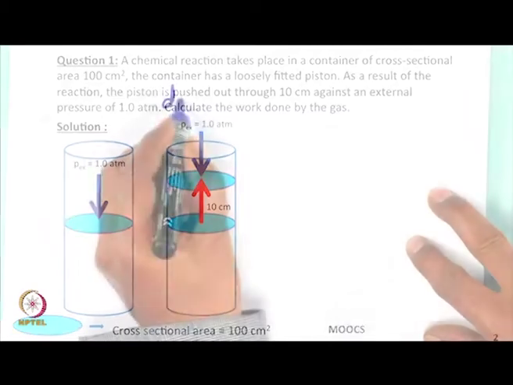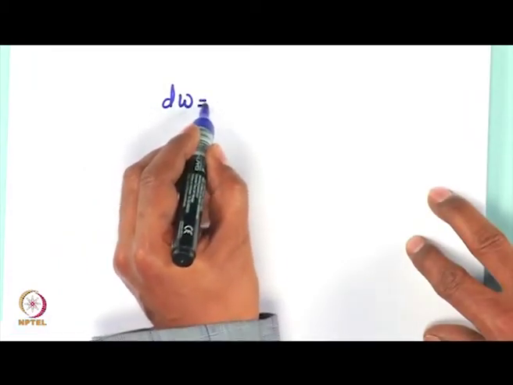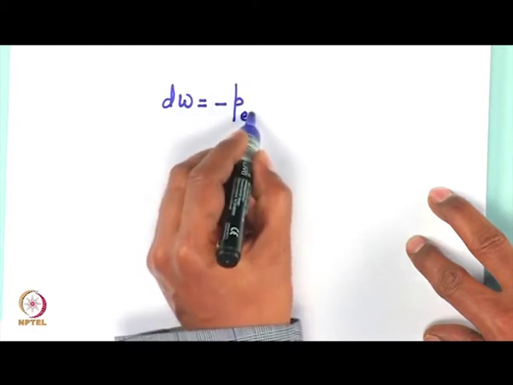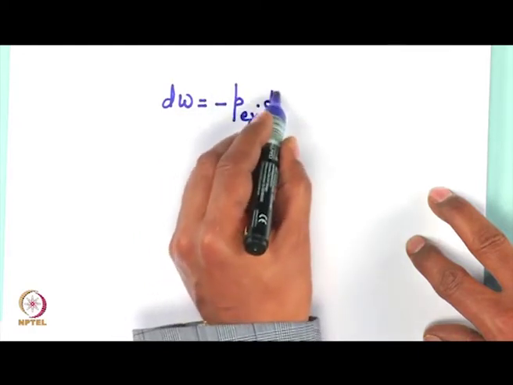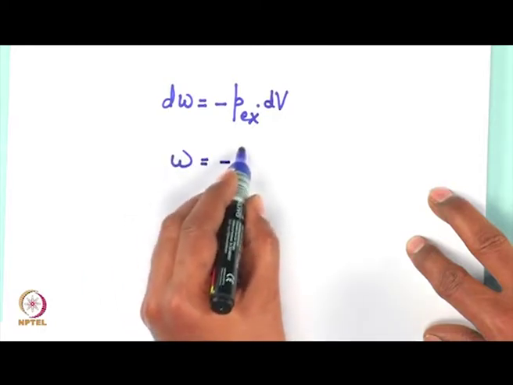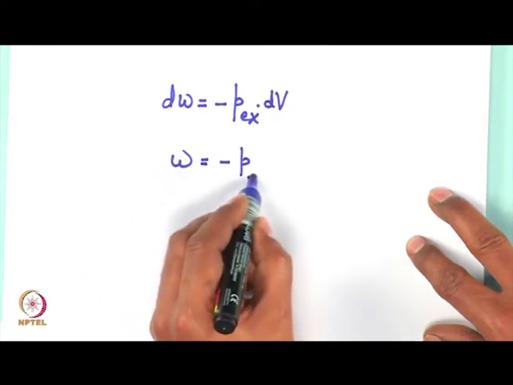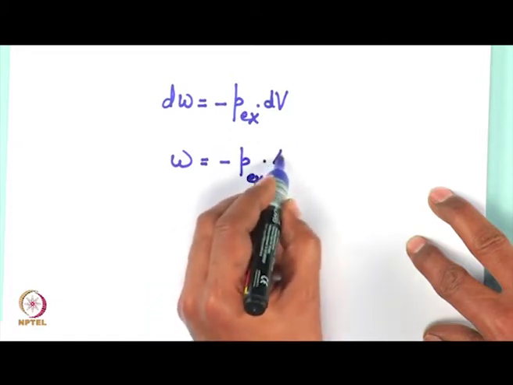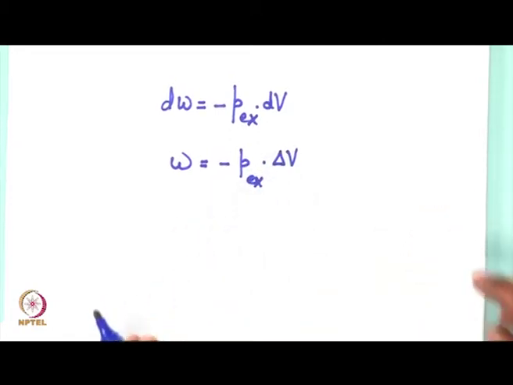So, therefore, we use this equation dW is minus P external times dV, or you take the integrated form of this, minus P external times delta V. Delta V is V final minus V initial.